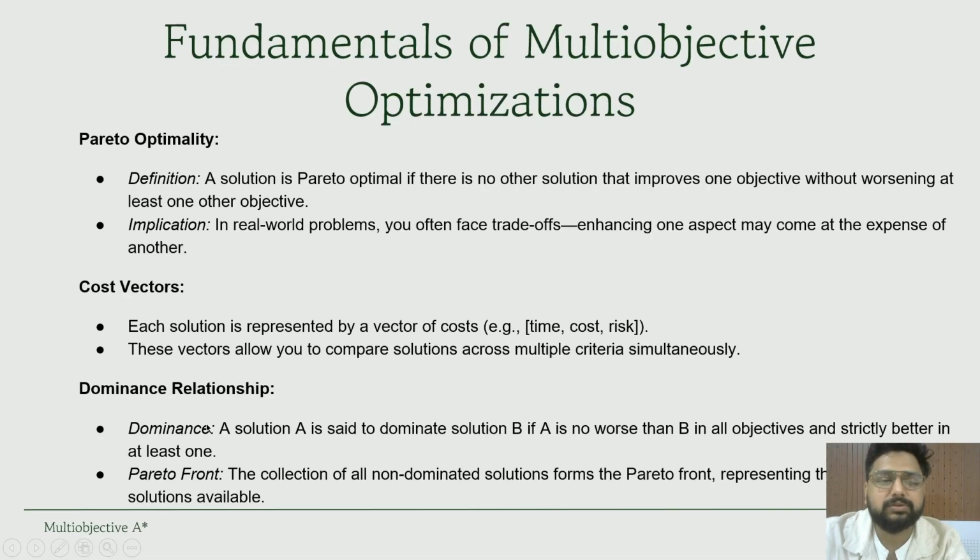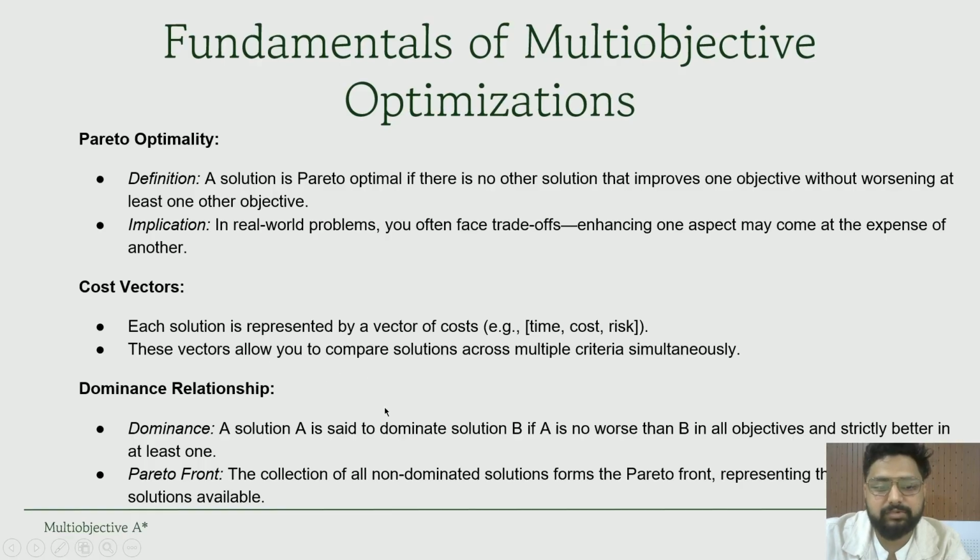Now, Pareto optimality. A solution is Pareto optimal if there is no other solution that improves one objective without worsening at least one of the other objectives. Each solution has a certain cost factor that represents its cost.